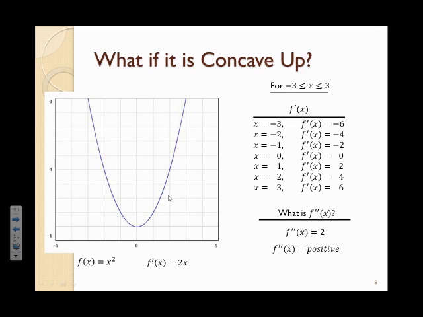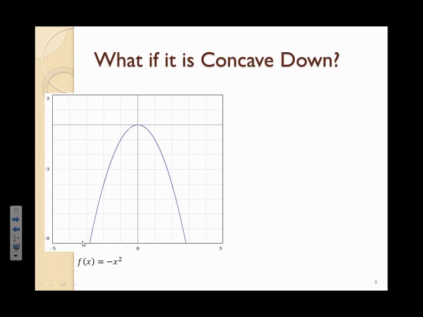The value at each and every point is positive. So we'd say that the second derivative is always going to be positive at every single point. And we look at this and say that it's concave up. So we can put these two together and realize that in this case, if the second derivative is positive, then it's concave up.